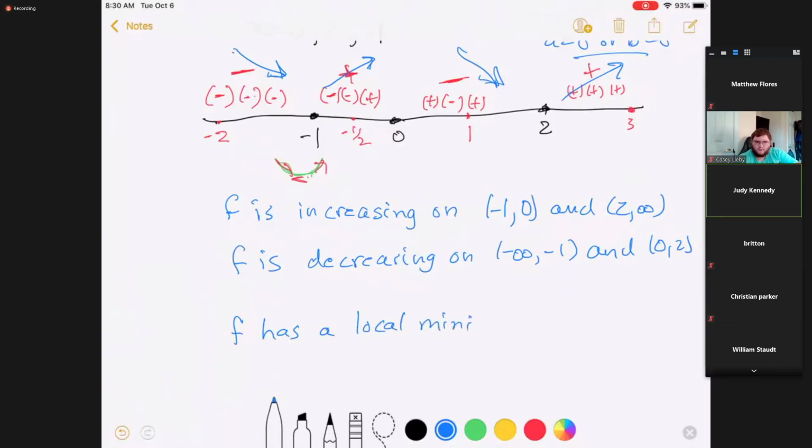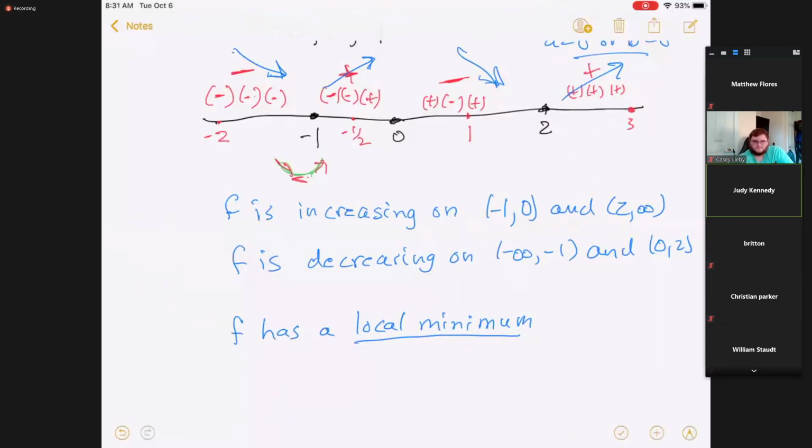Sometimes it's called a relative minimum. I did define those terms last week, which wouldn't hurt to review. It has a local minimum at minus 1, and the local minimum is f of minus 1.